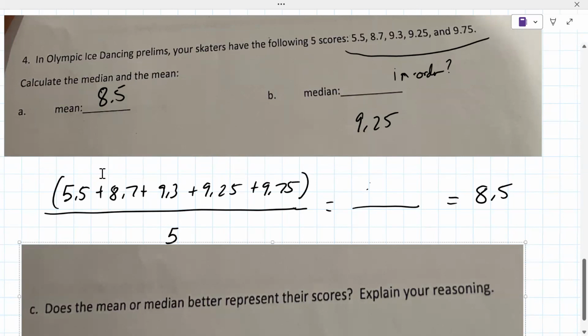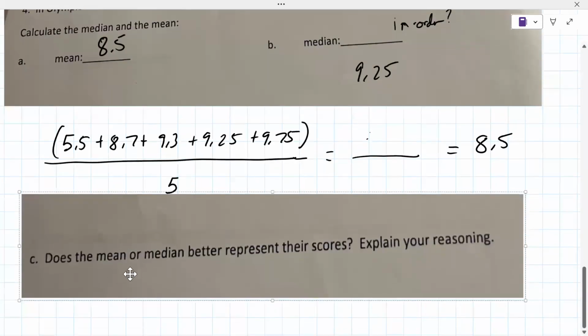Is it 8.5, which is smaller than 4 of them, or is it 9.25, which is sort of in the middle of the scores? Did you guys talk about this in class? How to decide which is better, the mean or the median?